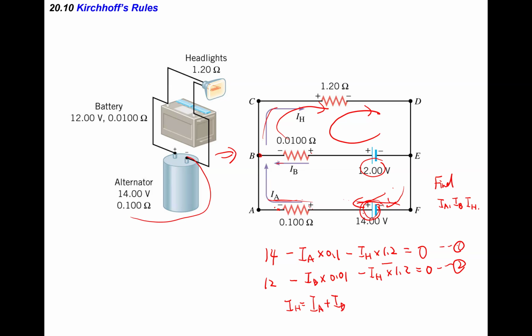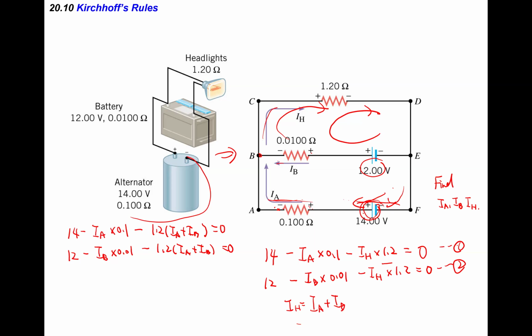So you get 14 minus IA times 0.1, then minus 1.2 times (IA plus IB), replacing IH with IA plus IB, equals 0. And then 12 minus IB times 0.01 minus 1.2 times (IA plus IB) will be equal to 0. So after you replace IH with IA and IB, you have two equations and two variables.